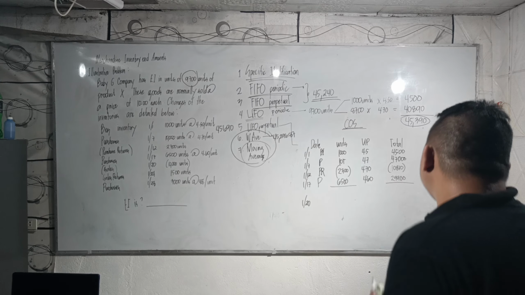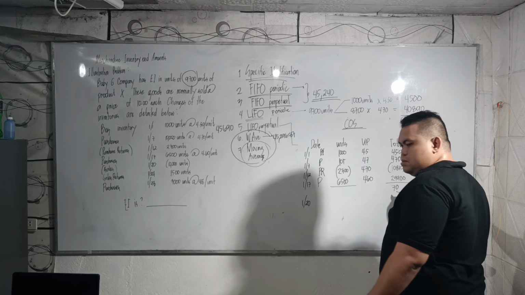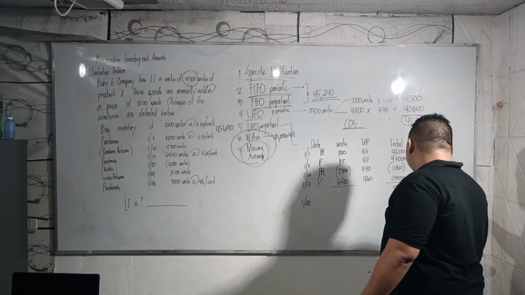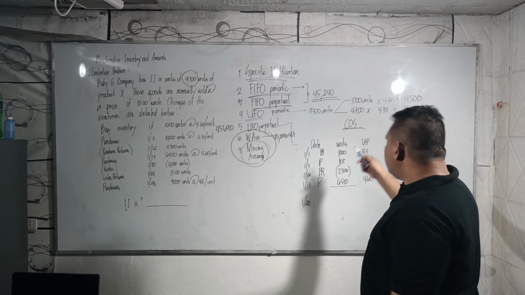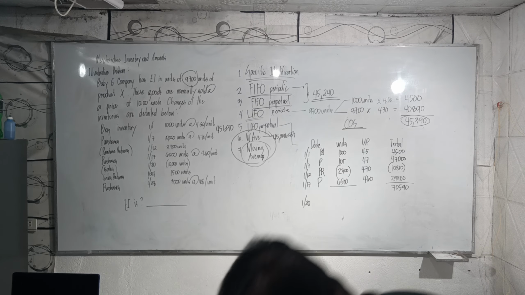So I added in reverse. So this is 70,590, the total. And then as for the units, we started with 1,000. We bought the first group, the second group, 10,000 units. We returned 2,300, and then we bought another group, 6,500 units.